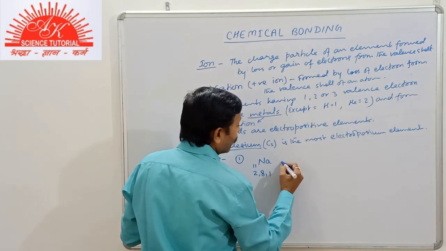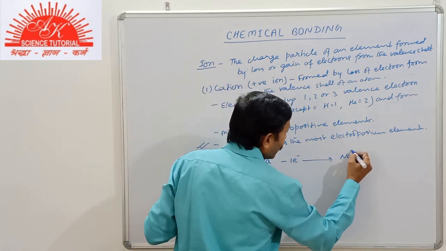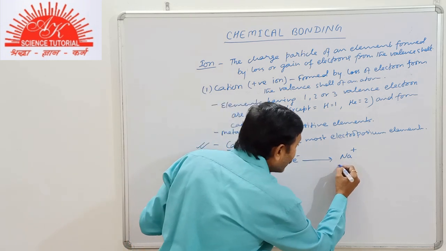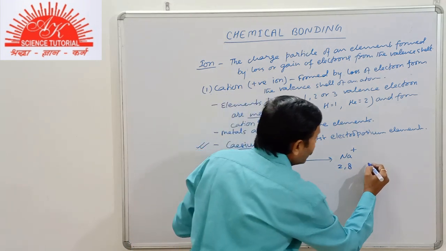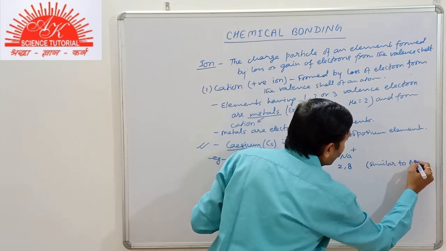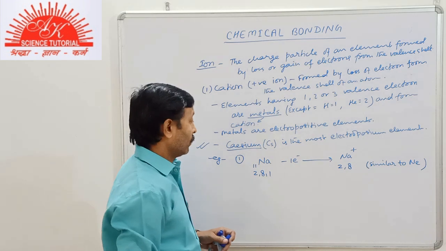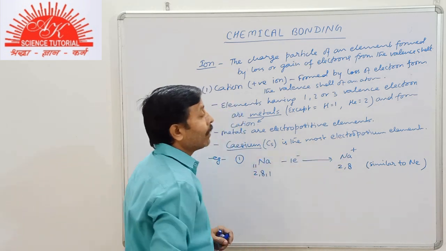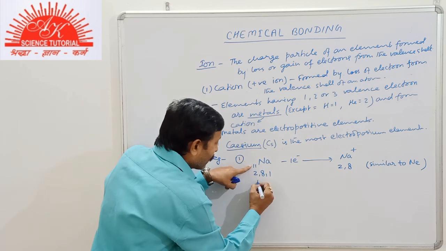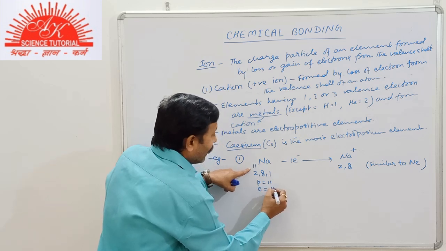So sodium loses its 1 valence electron and changes to Na plus ion, having configuration of 2,8, that is similar to the nearest inert gas, neon. Now how is the charge developed? Here you can see atomic number 11, so 11 protons and 11 electrons.